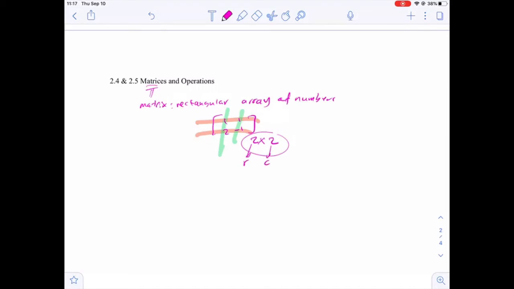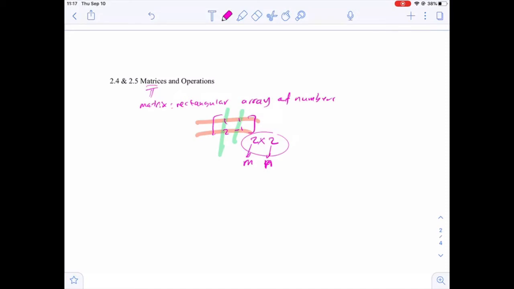It's up to you what symbol you use here. So this is the size of a matrix. And the numbers inside this matrix are called entries of the matrix. Okay, so now let's look at some properties here.